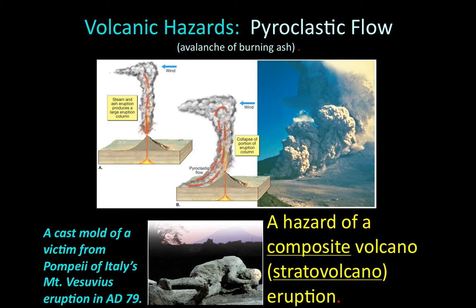And since the ash and the gases that come out of the volcano are heavier than air, these can actually avalanche down the side of the volcano, really incinerating anything in the path. And so we wind up really having a lot of destruction, and it's also very unpredictable exactly where the pyroclastic flow will go.